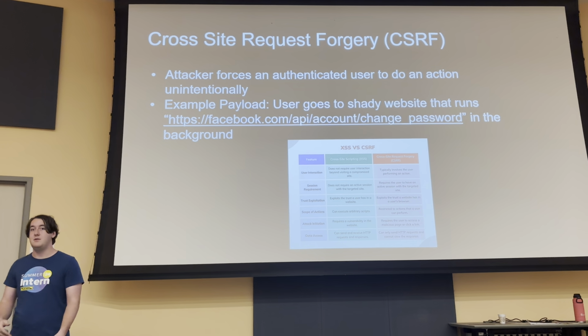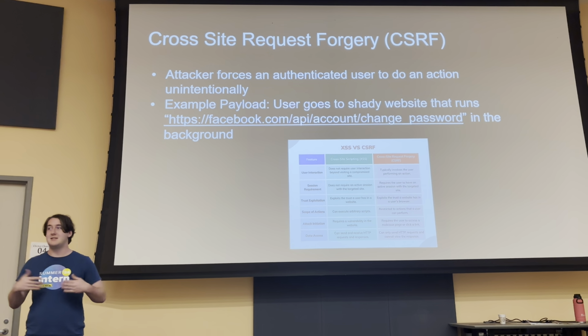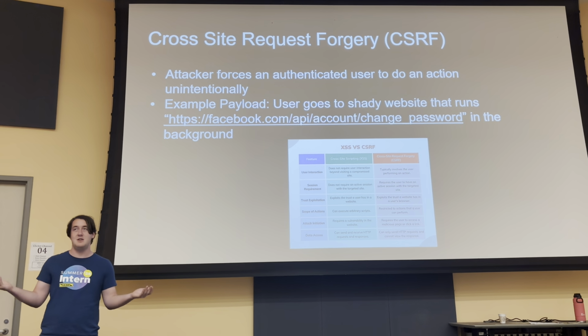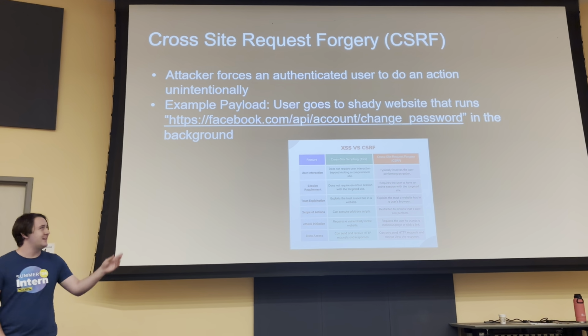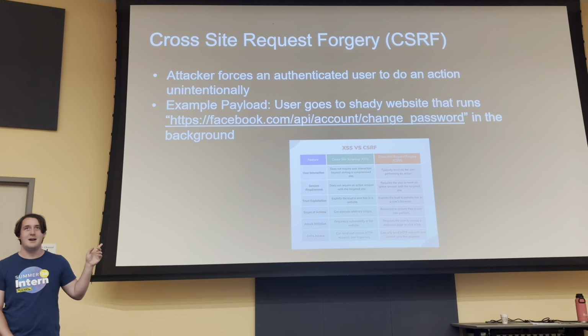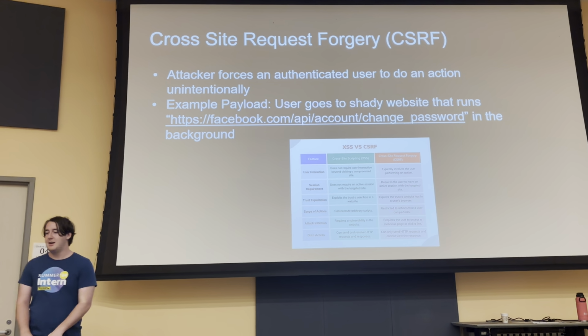If you can change someone's password remotely to something that you know, then you can just log into their account without them having to do anything. I just put that there, I don't think it's an actual API link. I wouldn't try it either.